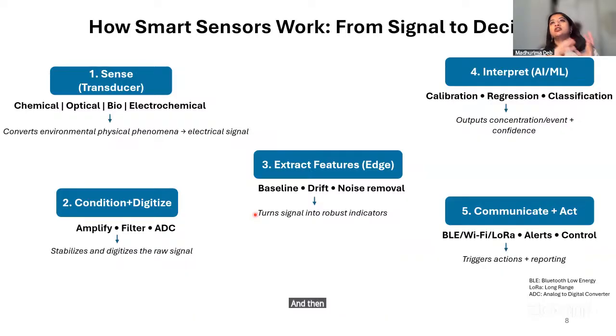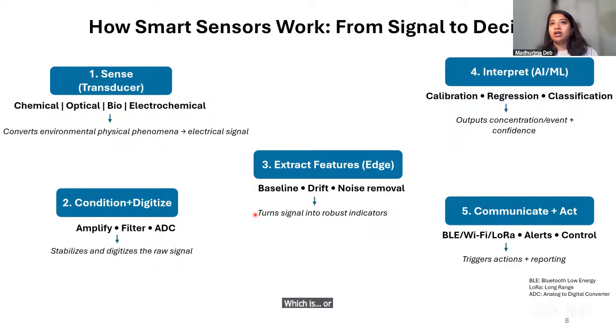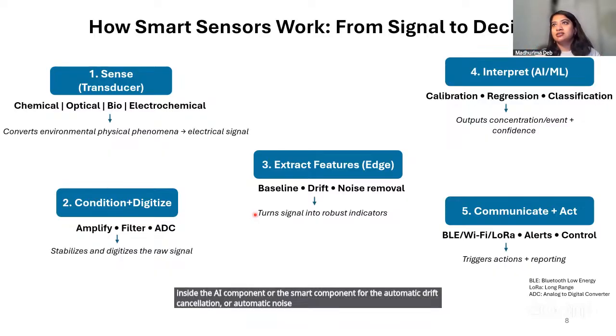And then comes the modification, or you can say the extraction of features. By features, I mean a numerical value based on that digital signal, or the analog signal also can be used, which will be used for making decisions inside the AI component or the smart component for automatic drift cancellation, automatic noise removal, all these things.